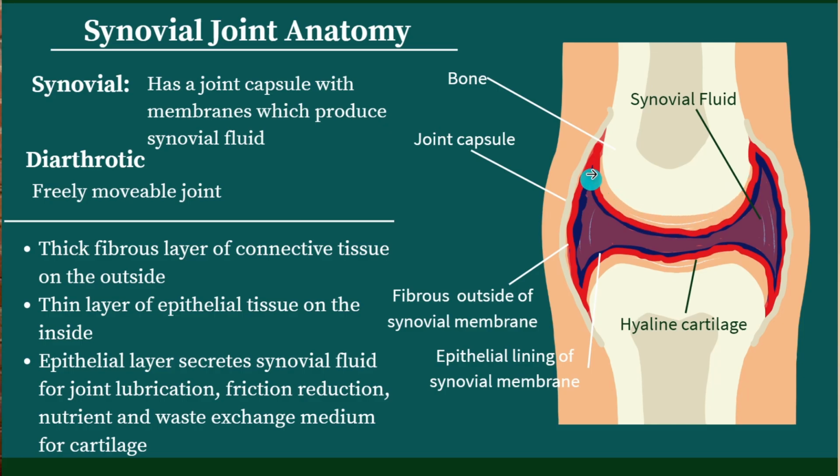The red is the outside membrane layer, the orange is your hyaline cartilage, and the dark blue is the epithelial lining that secretes synovial fluid to keep those joints lubricated. It reduces friction, and it's also a medium for nutrient and waste exchange for that cartilage. The cartilage is a living thing, so we need that. And of course, these are the bones.